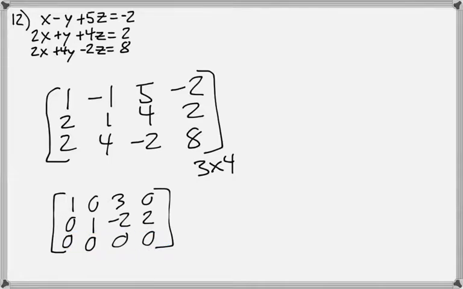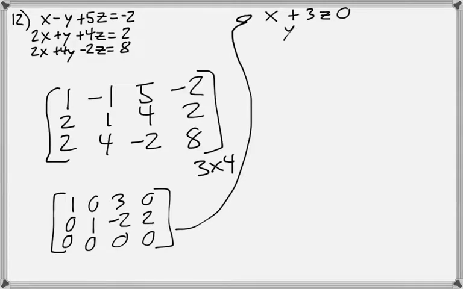And what that really means is, if we retranslate this back into our system of equations, it'll be x plus 3z is equal to 0, y minus 2z is equal to 2, and then just 0 is equal to 0. So because that is a true statement, this is infinite solutions.